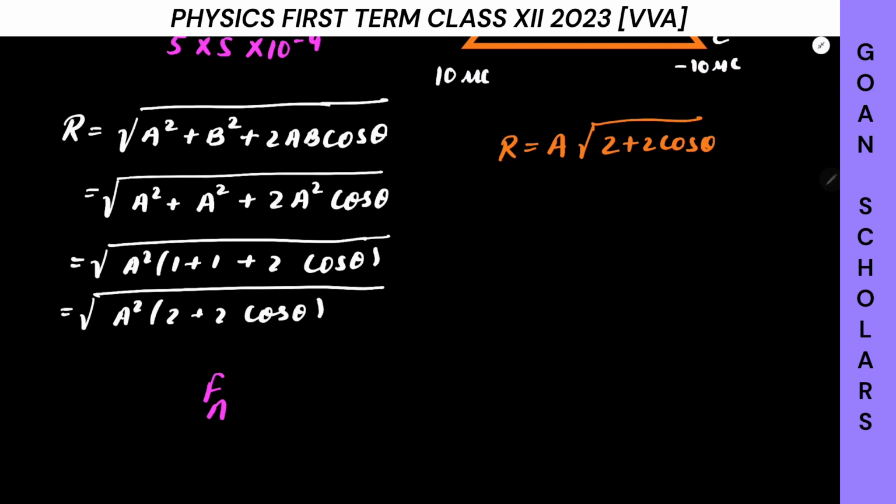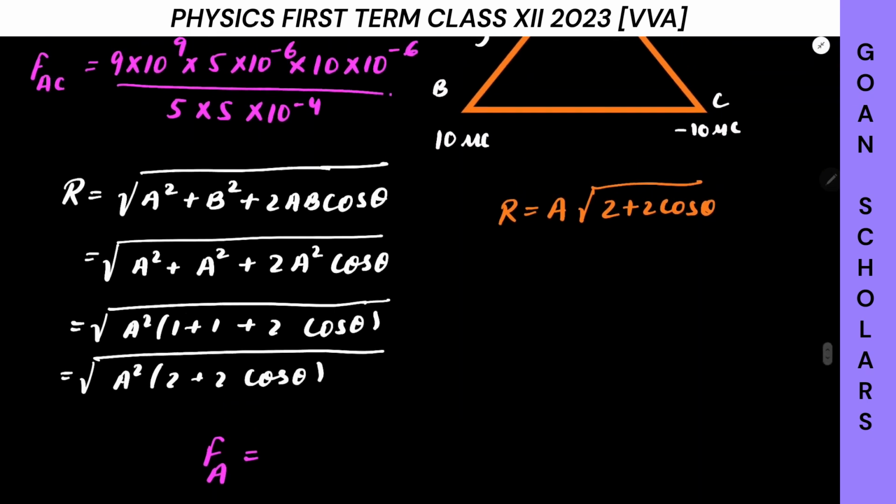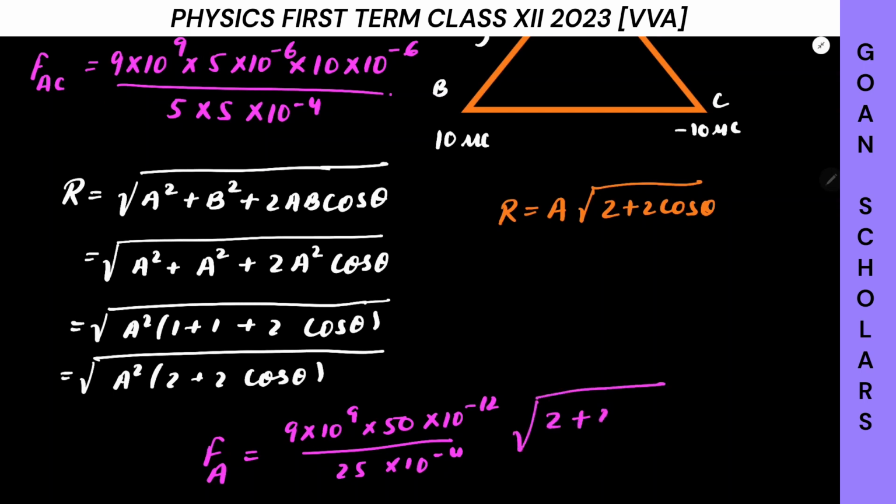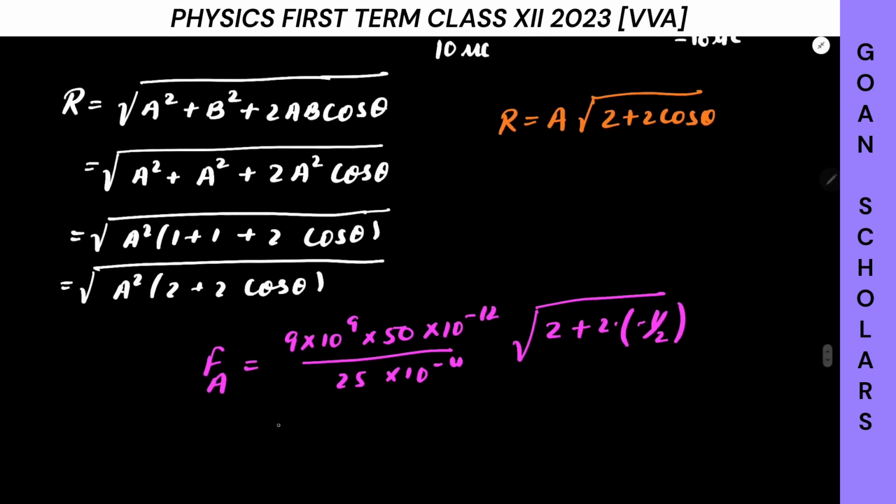Force on A will be equal to, what is A? A is 9 into 10 to the power 9 into 5 tens are 50 into 10 raised to minus 12, upon 25 into 10 raised to minus 4. Correct? This is our force on A, into root under 2 plus 2 into cos 120. Cos 120 is minus half. Correct? So let's see what we are left with here.